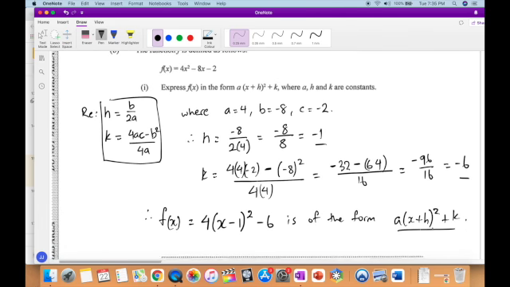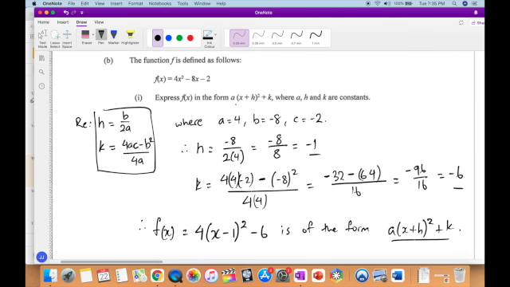So whenever you're dealing with these, once you see this is completing the square, you have to know these two formulas. Trust me, please learn these two formulas by heart. They are not on your sheet, right?